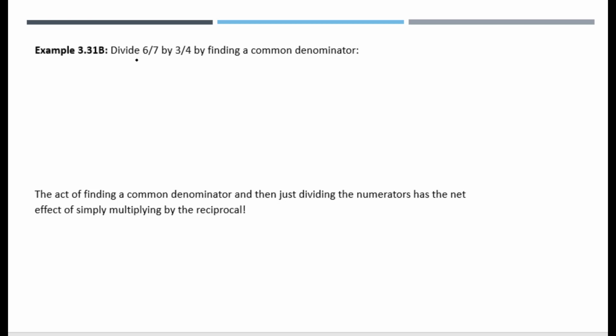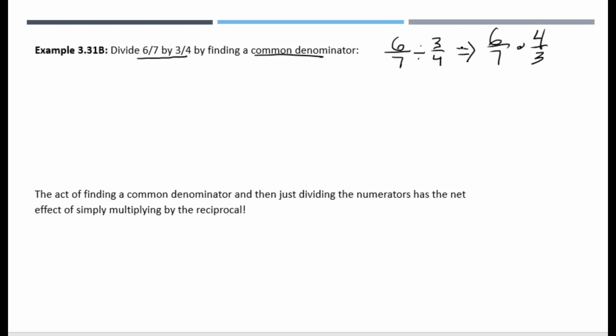So in this problem, I'm going to divide by finding a common denominator. But my whole purpose is going to be to show you that the end result is the same as multiplying by the reciprocal. So what I'm trying to show you is that 6/7 divided by 3/4 is the same thing as 6/7 times 4/3.